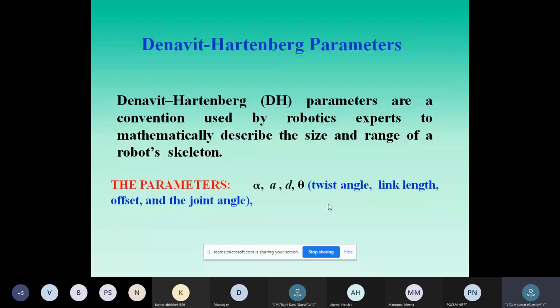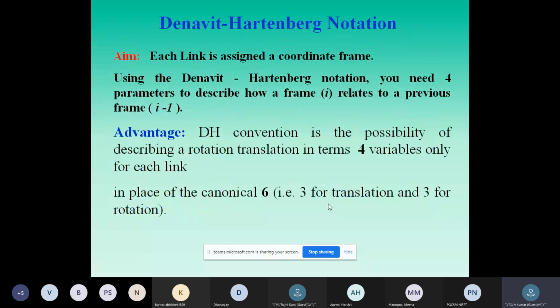For DH description there are 4 parameters. Manipulator links in 3D space can be described by only 4 parameters.